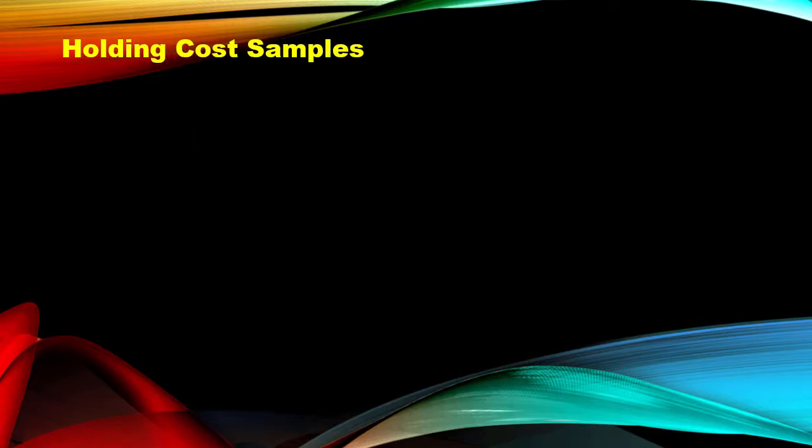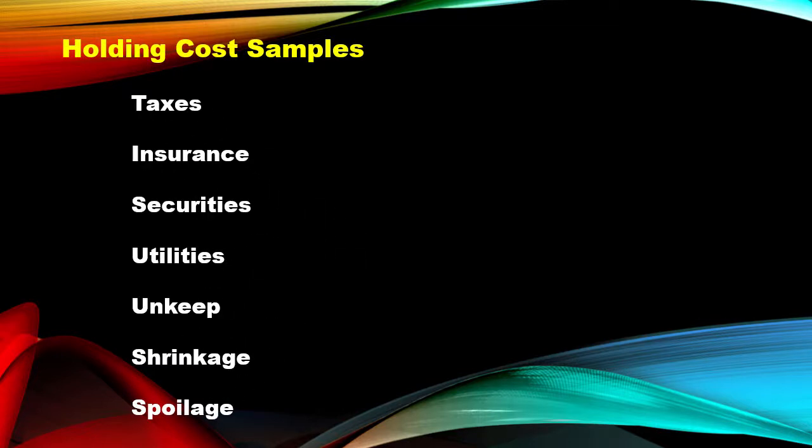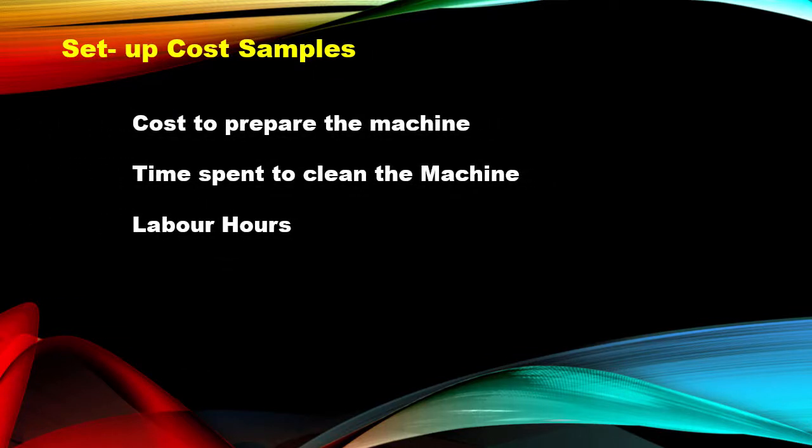For the holding cost samples, we have taxes, insurance, securities, utilities, upkeep, shrinkage, and spoilage. For the last one, the setup cost samples, we have cost to prepare the machine, time spent to clean the machine, and of course, the labor hours. Those are the samples for each cost model.